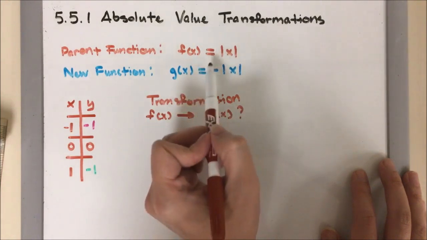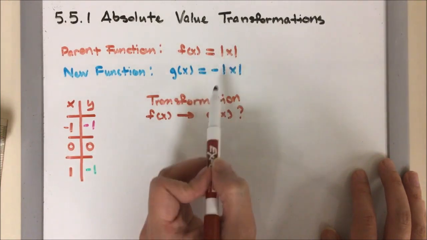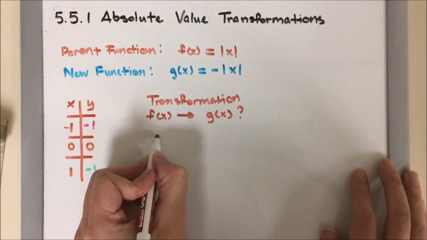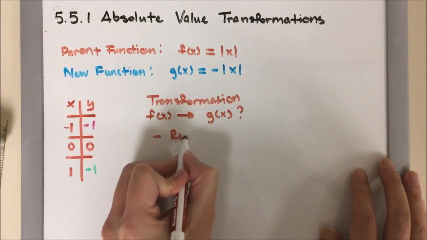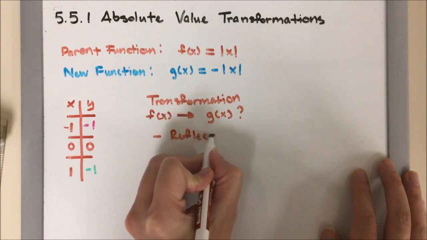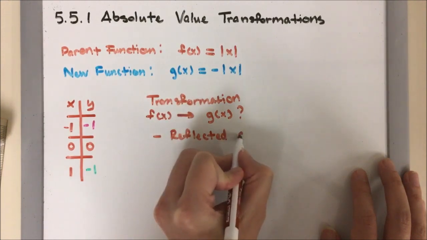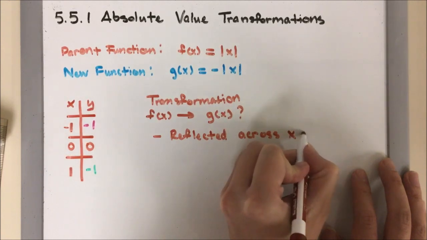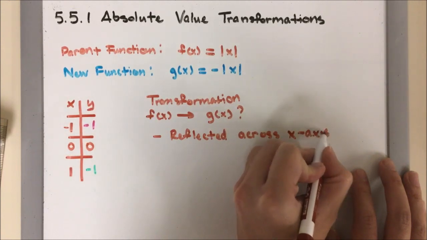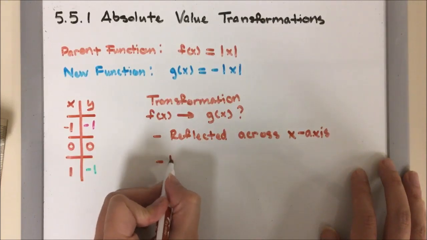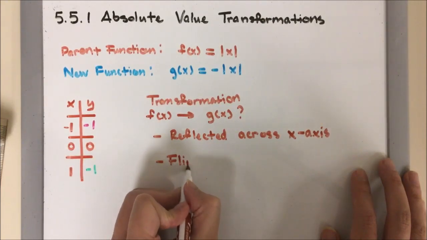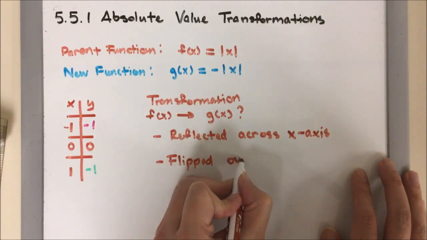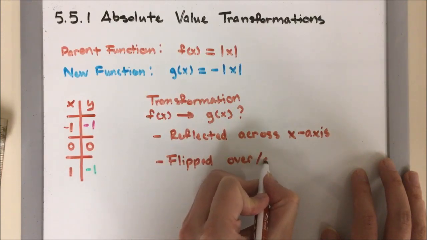Now keep in mind, f of x was just the absolute value of x, then g of x was negative absolute value of x. So the transformation was reflected across x-axis. Now you could also write flip over or flip across x-axis.